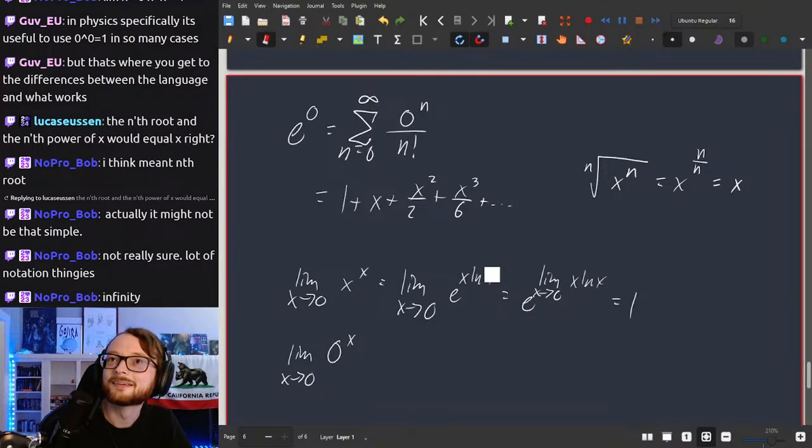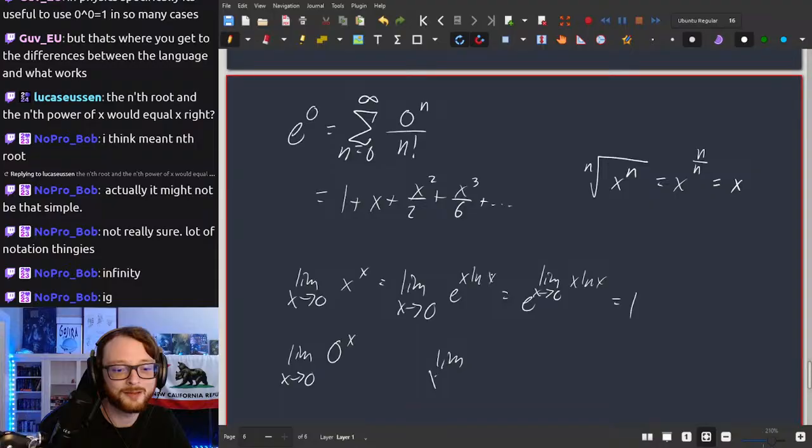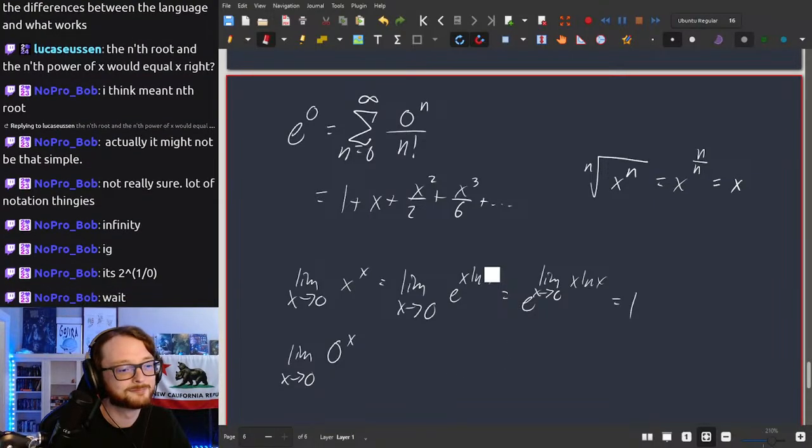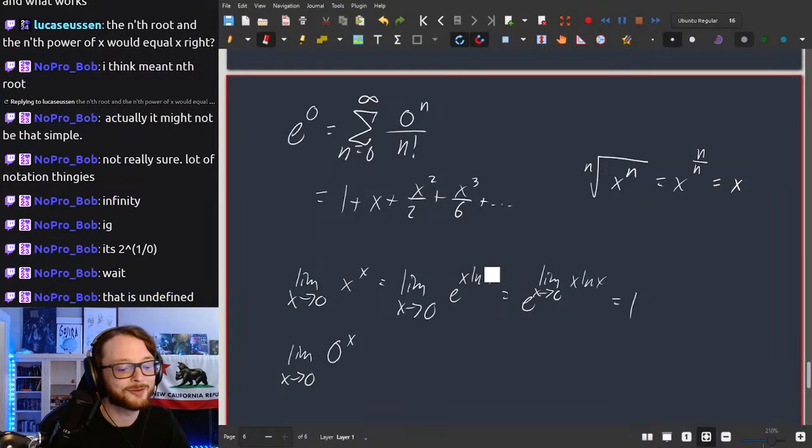Infinity? Because you're thinking limit as x goes to 0 of 2 to the 1 over x. And okay, yeah, I see that. Wait. It's undefined?